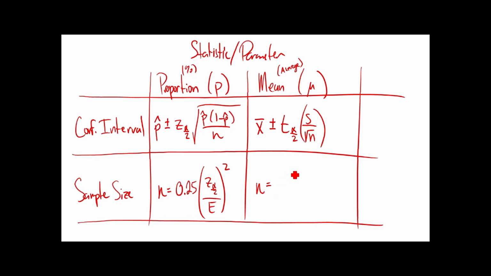It was z alpha over 2 times the standard deviation over the error, squared. So those are the two. So you go into the problem and say, am I talking about proportions or means? Once you know that, you fall into this column or the other column. If it asks for a confidence interval, take the first row. If you're trying to estimate a sample size, go down to the second row and use that estimator.